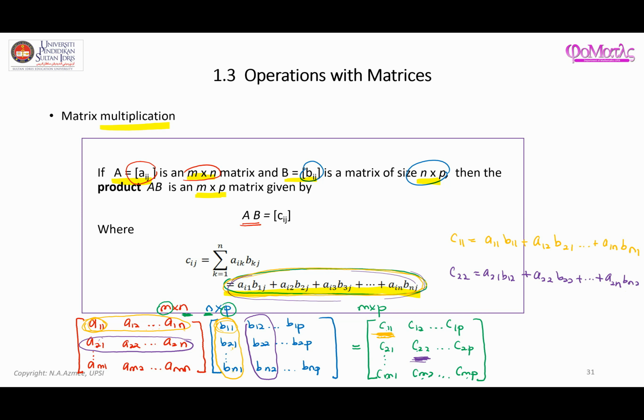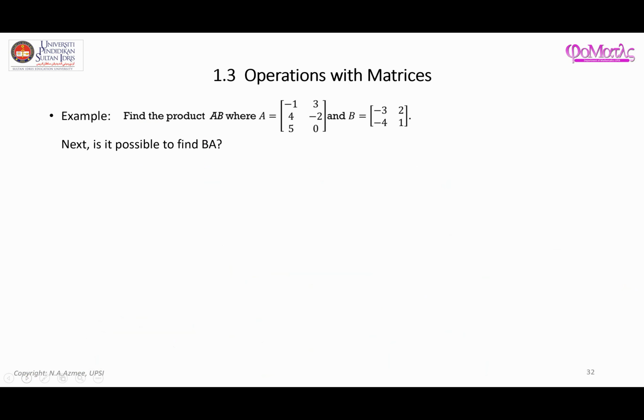All right, and if you want to be more confident, we can look at a concrete example so that you're more confident dealing with matrix multiplication. In this example we have matrix A, which is a 3 by 2 matrix, and matrix B is a 2 by 2.